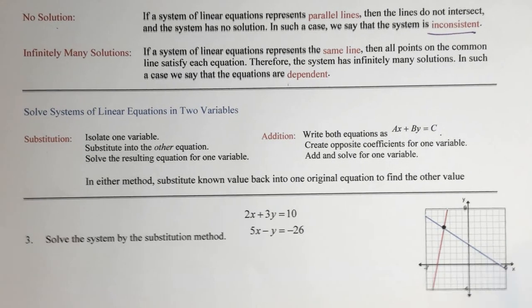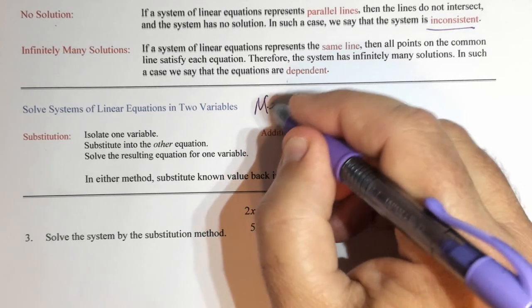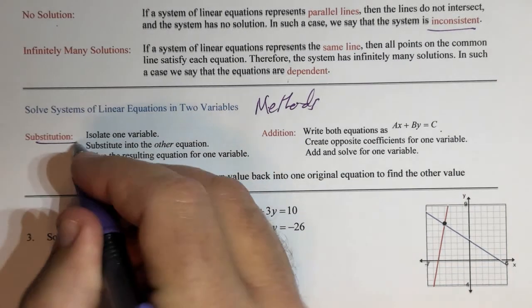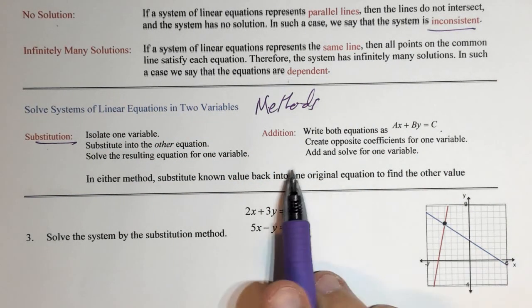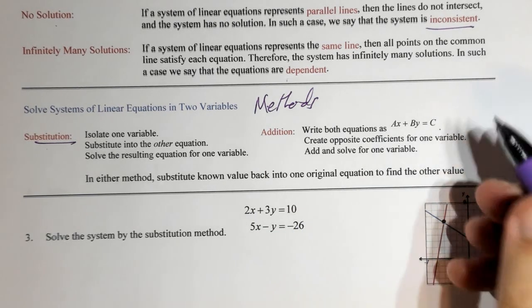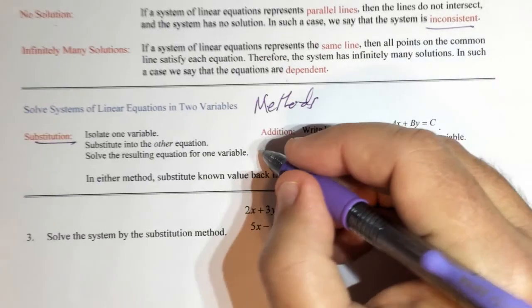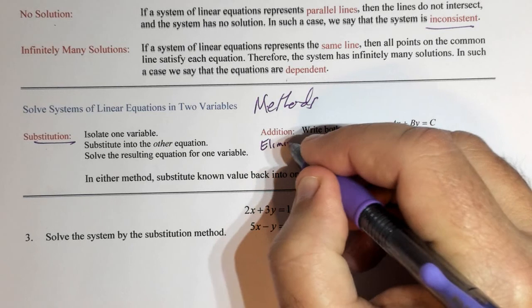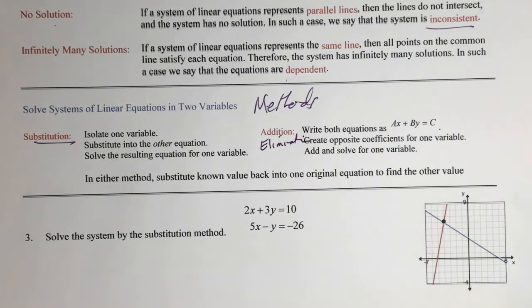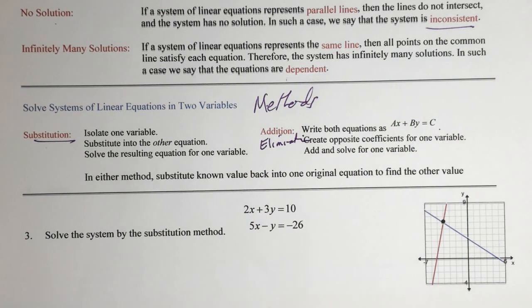There you had 2 different methods. We had the substitution method, and we have the addition method, which some call the elimination method. This book calls it the addition method because they always use addition, but in the elimination method, sometimes you use subtraction. So we dealt with those.